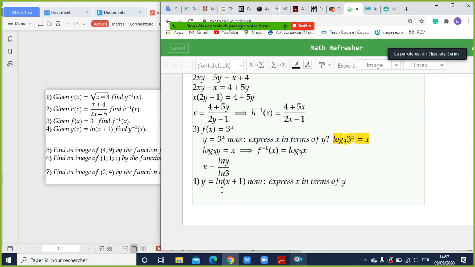Maybe going through the logic of the function can help, so we can say, well, the first operation was adding 1 to x, and the second operation was taking the natural log of that expression. We can think that way, or we can try to see like we've done for the two previous examples. So let's go with the express x in terms of y now.